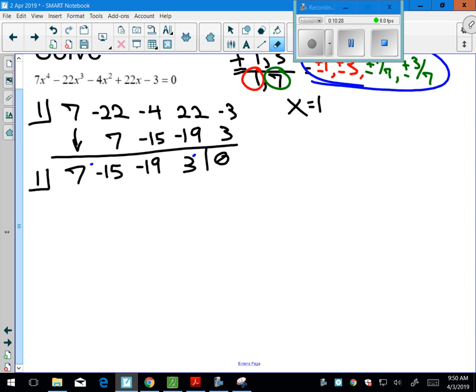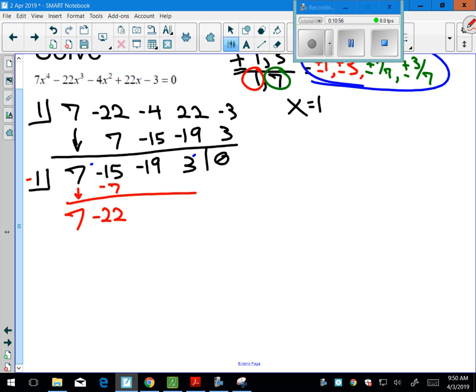So let's try this again, but this time, let's do -1. I'm trying to rule out the easier possibilities first in this case, and it all has to do with this 7. So bring down the 7 times -1 is a -7. This is not looking good at the moment. -7 minus 15 is negative 22.